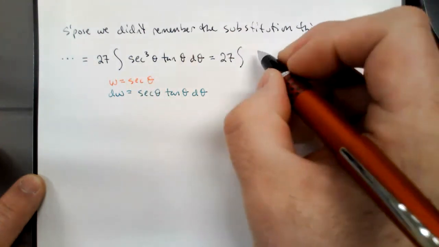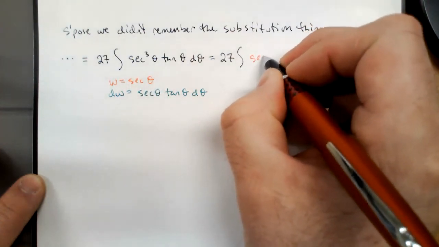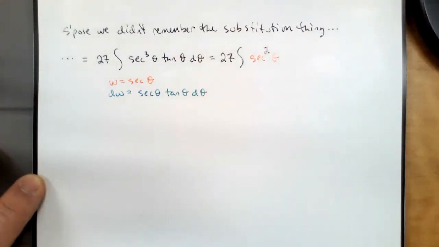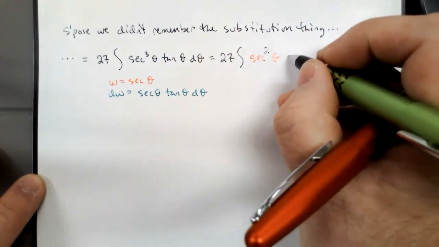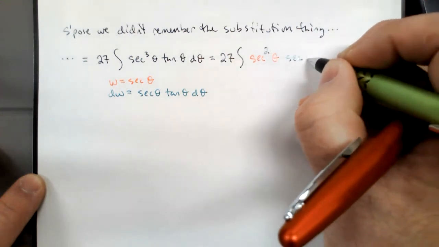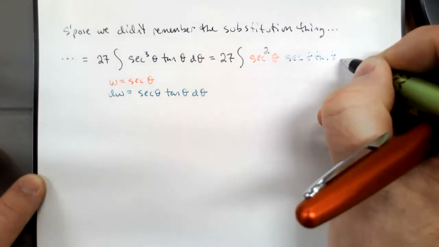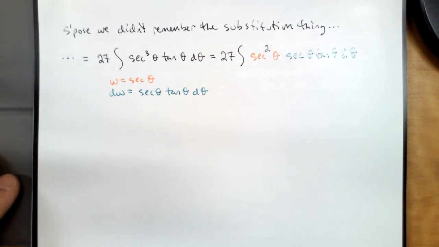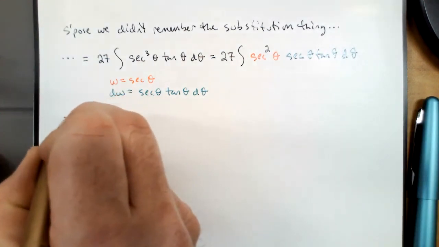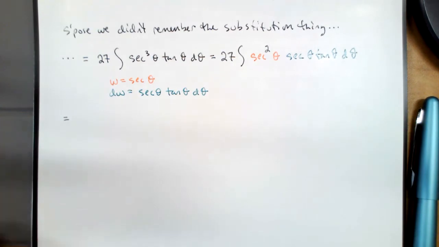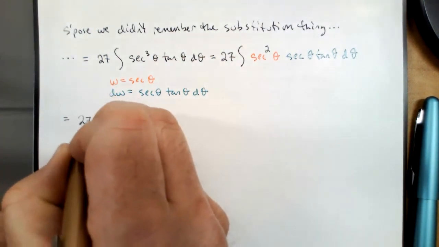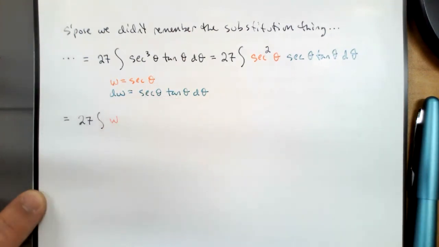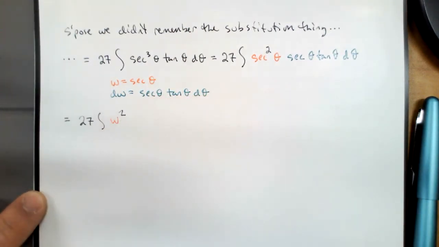Two of the secants are going to get integrated. So there's two of the factors. I'm going to split one of the secants off to be the dw. So my integral becomes 27 times the integral of w squared dw.